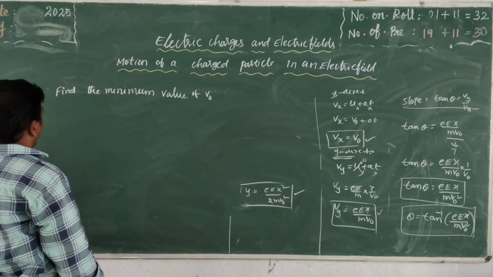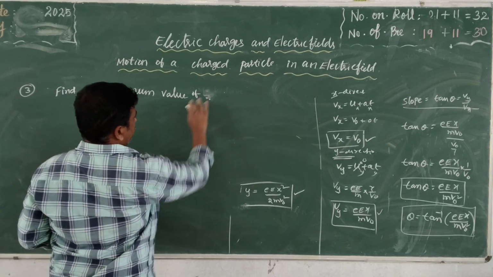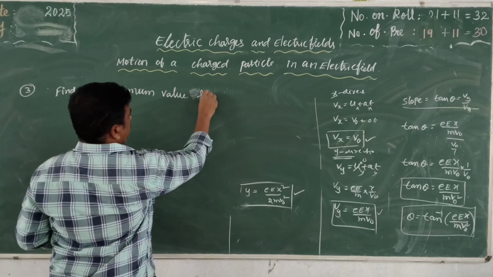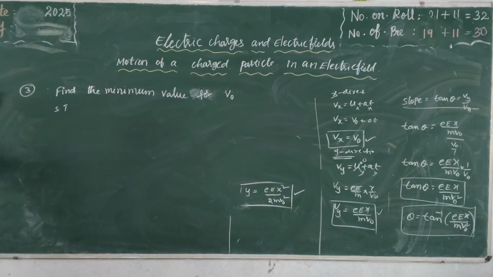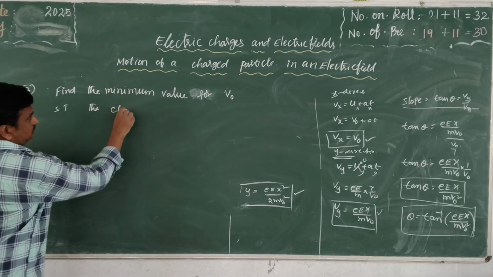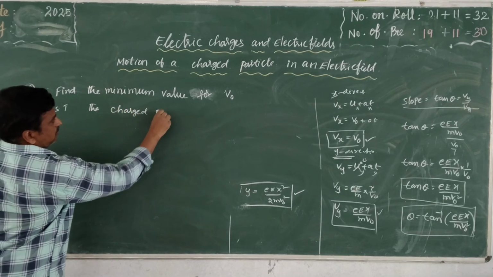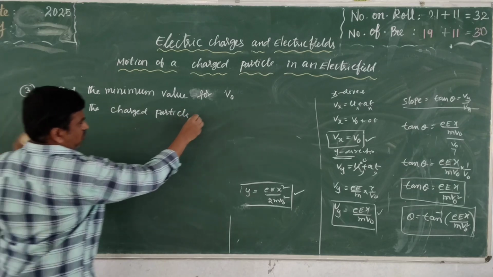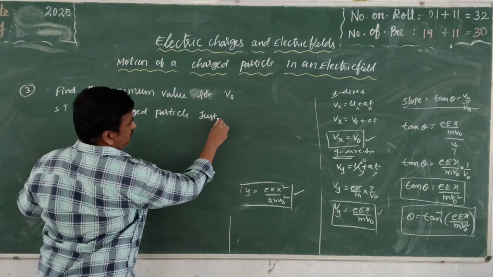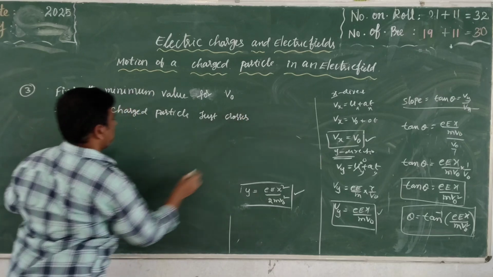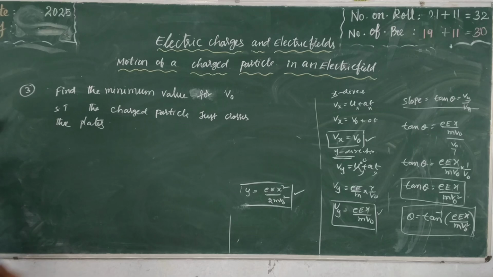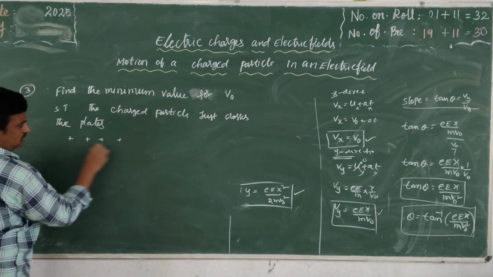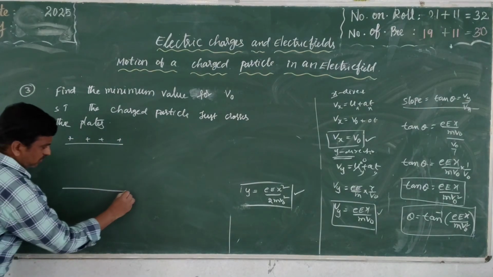Find the minimum value for v naught such that the charged particle just crosses the plates. Here see, it is the positive plate. Yes, positive charge. Here negative charge.